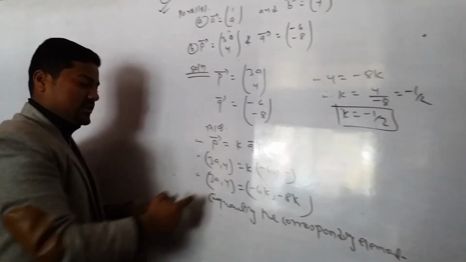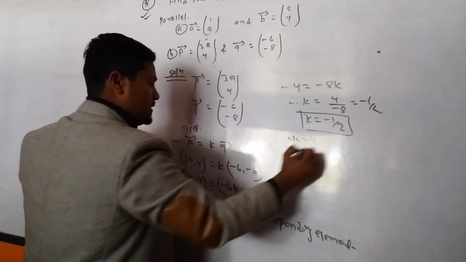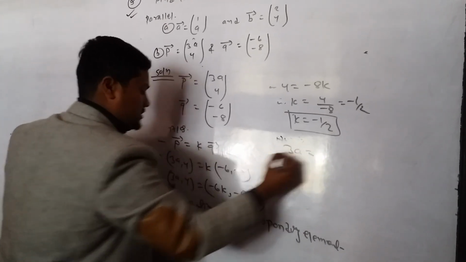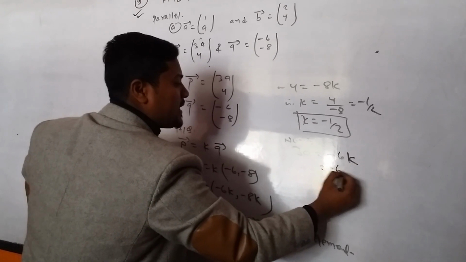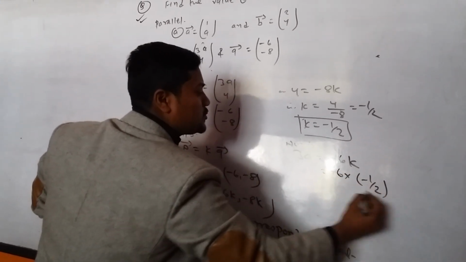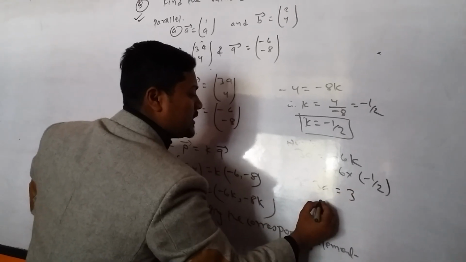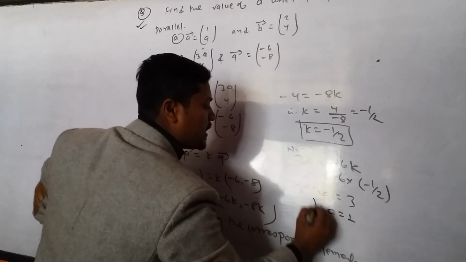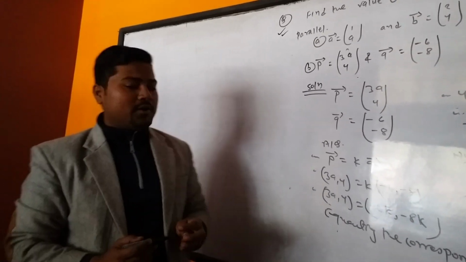But this is not our answer. We have to find the A value. So now 3A is equal to -6K, and replace the K value here. -6 into -1 by 2, minus times minus is plus, so 3A is equal to 3. Therefore A is equal to what comes? 3 divided by 3, 1. In this way we can find this value.